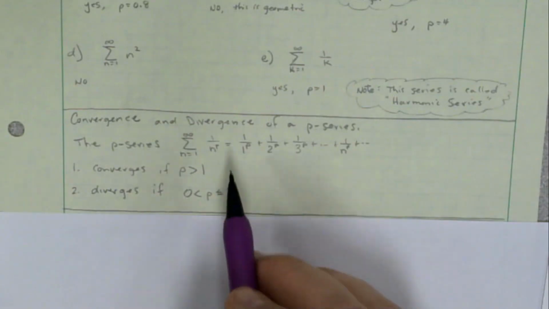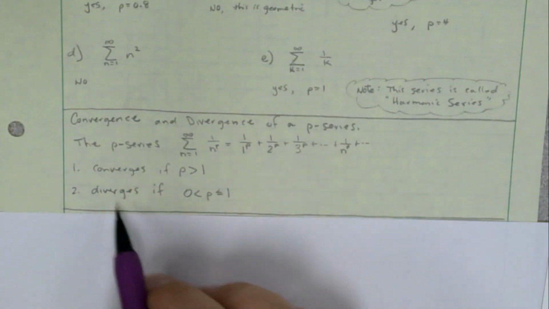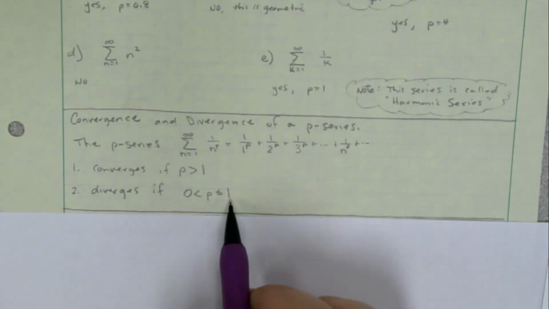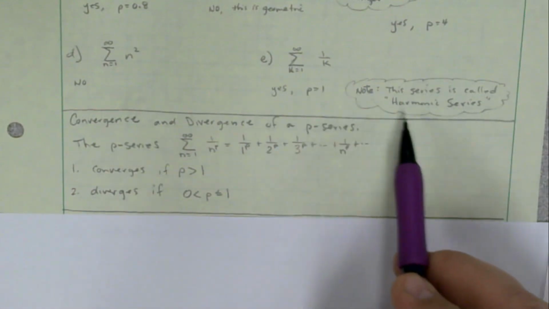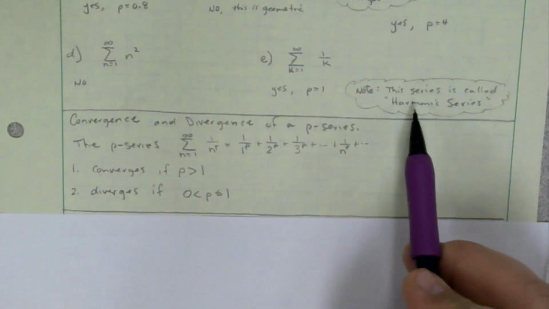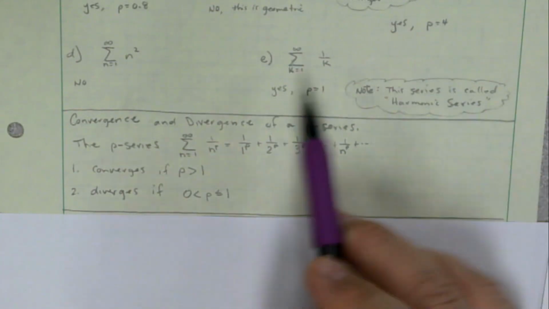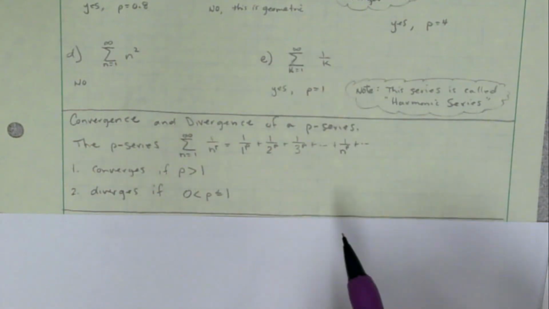So if that number there is bigger than 1, then I know this series is going to converge. And it will diverge if that number is between 0 and 1. If it's equal to 1, like in this example right here, then you have what's called the simple harmonic series. Okay? Or harmonic series. And because it's equal to 1, this right here is going to diverge.